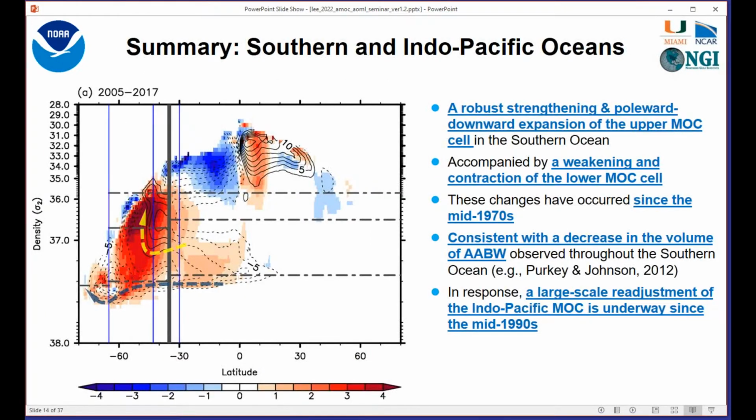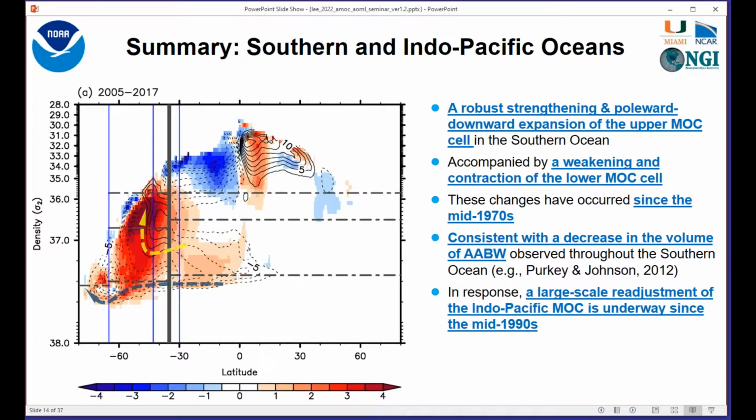So this is a summary of what we just talked about for the Southern Ocean and the Pacific Ocean. We see there is a robust strengthening and the forward and downward expansion of the upper overturning cell in the Southern Ocean, accompanied by the weakening and contracting, so shrinking, lower overturning cell in the Southern Ocean.